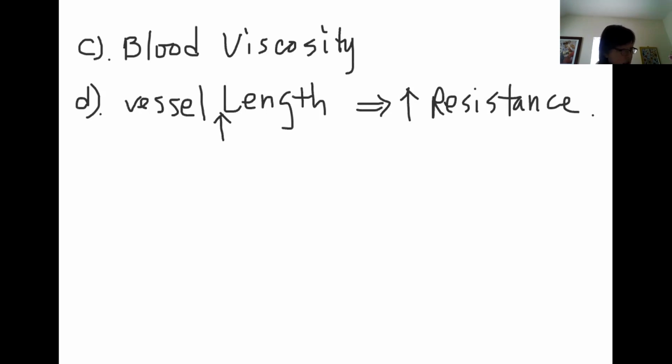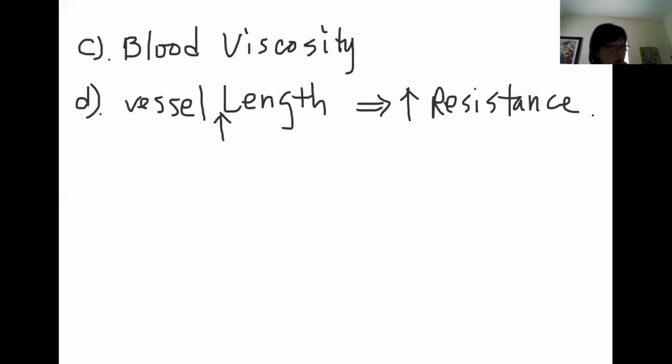Okay, so let's review what we just talked about, okay? Peripheral resistance can be regulated by changing vessel diameters, okay? Vessel diameters can be changed by 4 different main factors.